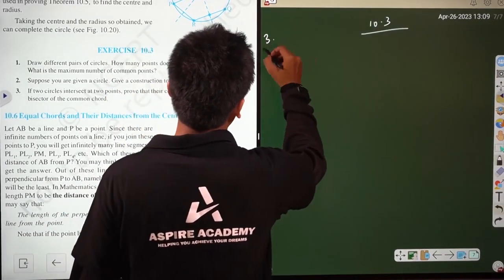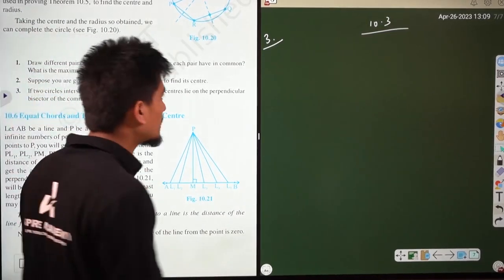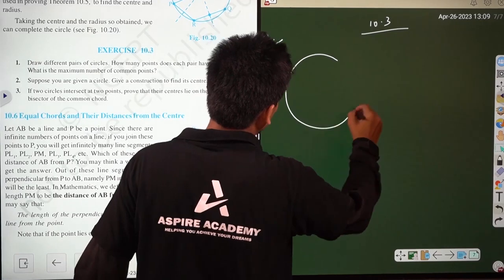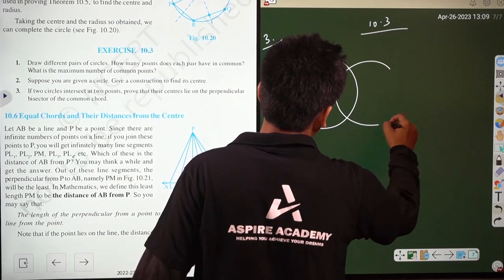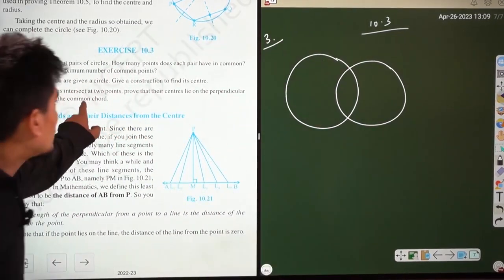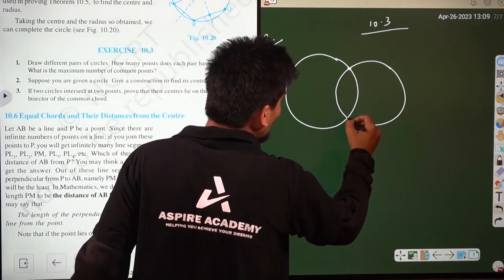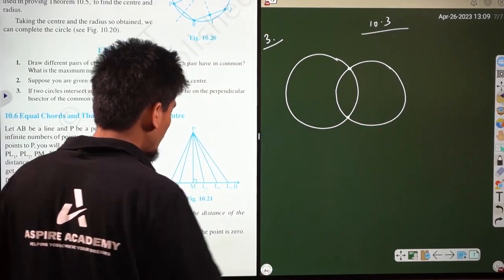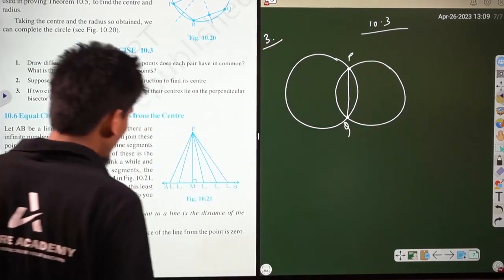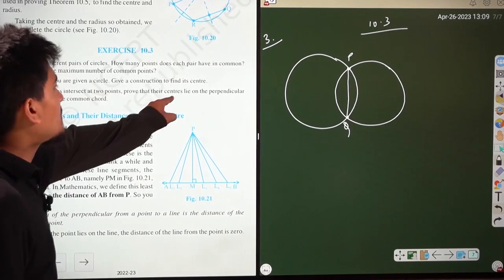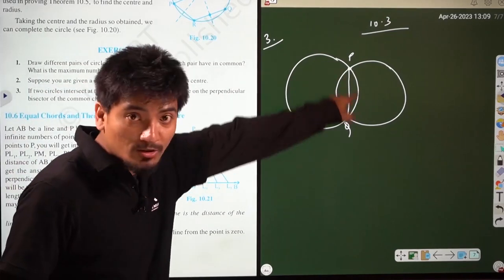Question number 3. See, if two circles intersect at 2 points, that means there are two circles. Let this be the first circle and this one be the second circle. They are intersecting each other at 2 points. Say these are the 2 points, and let me join them and call them P and Q. Now see here. Prove that their centers lie on the perpendicular bisector of the common chord. This is the common chord.